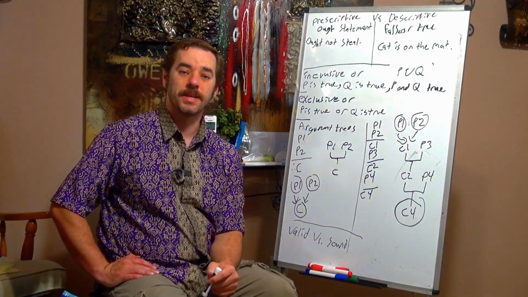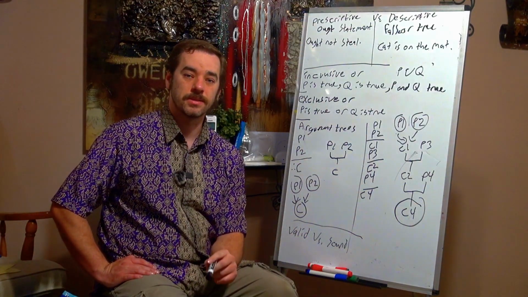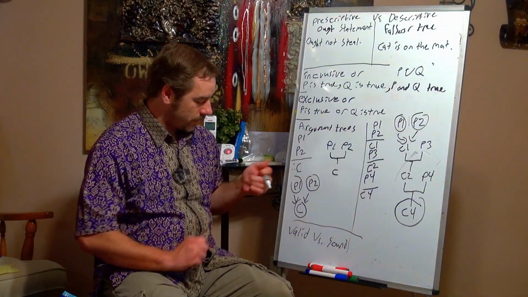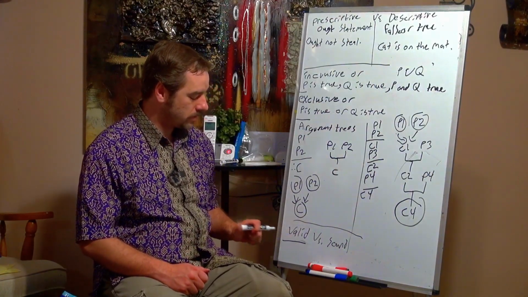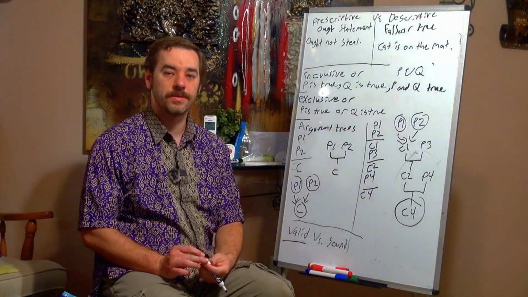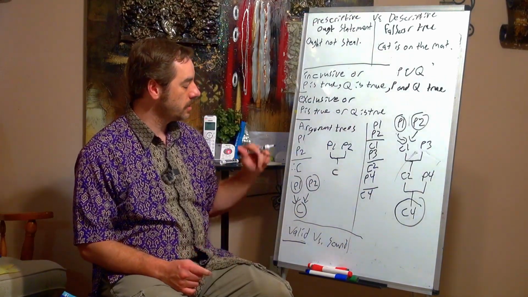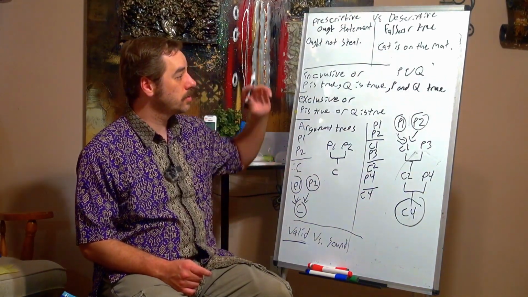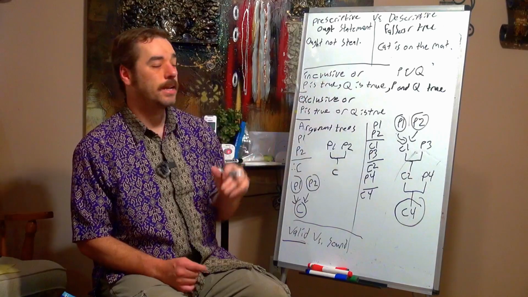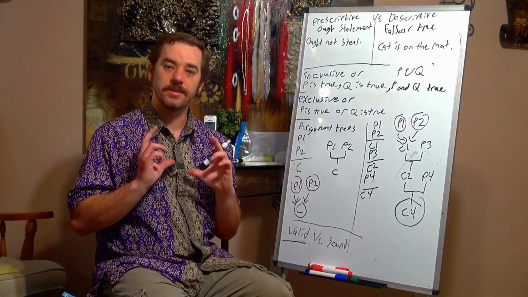I know I said this at the beginning, but it bears repeating because this is very important. Validity deals with the structure of the argument. It just deals with the P's and the Q's and the C's, right? It deals with how the argument is shaped.